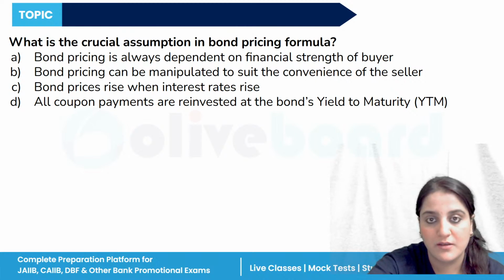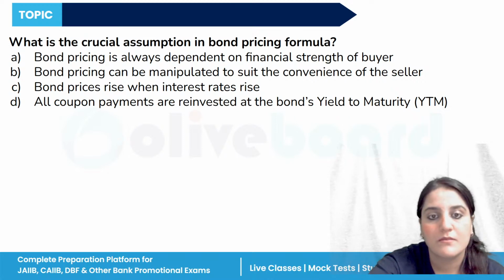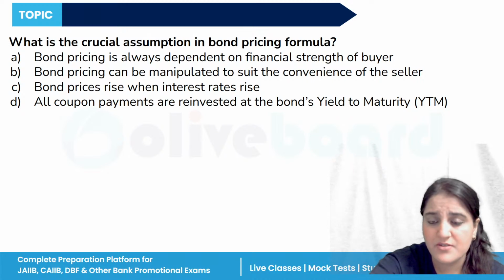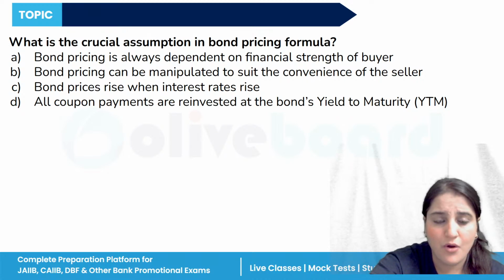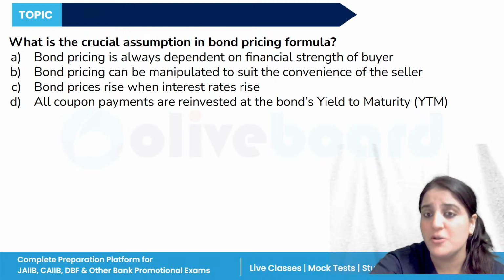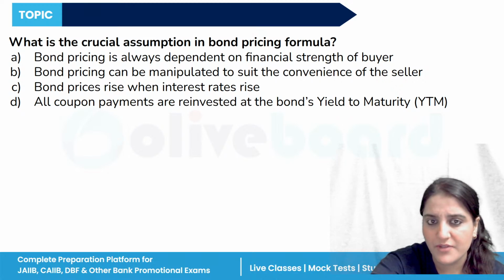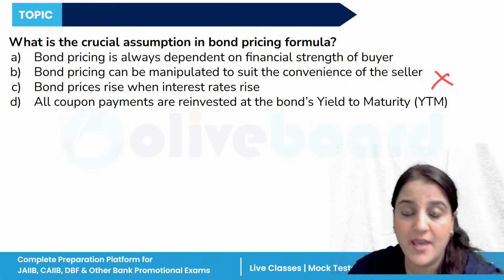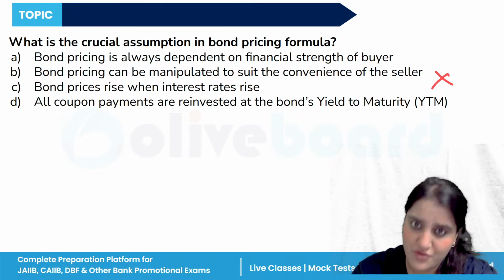What is a crucial assumption in the bond pricing formula? Bond pricing is not dependent on the financial strength of the buyer, and bond pricing can be manipulated to suit the convenience of the buyer. These are not the crucial assumptions. Bond prices rise when the interest rate rises.